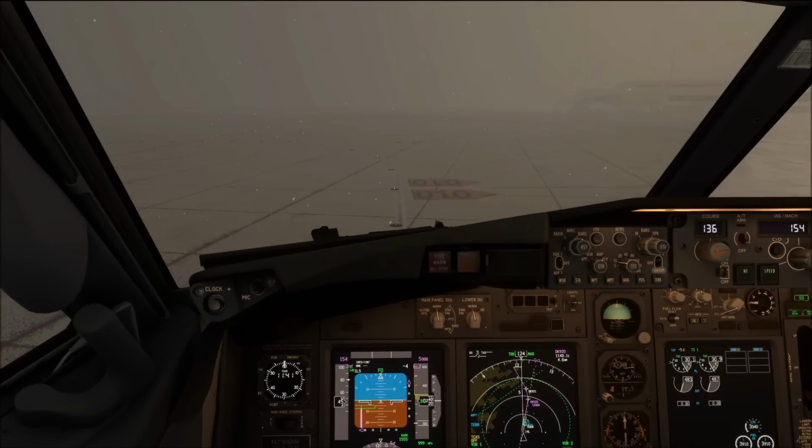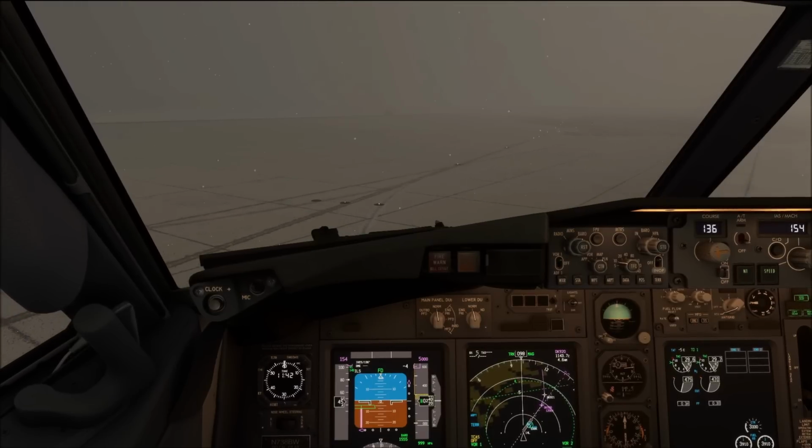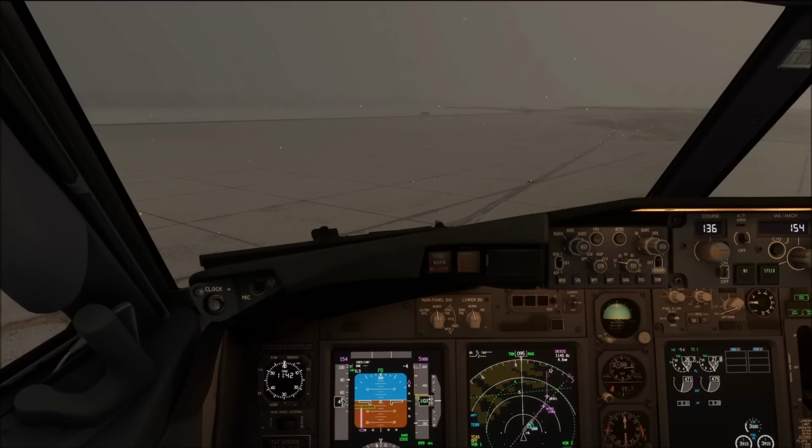Well, sideways in those situations. So, 5 knots, that's our maximum taxi speed under these conditions.